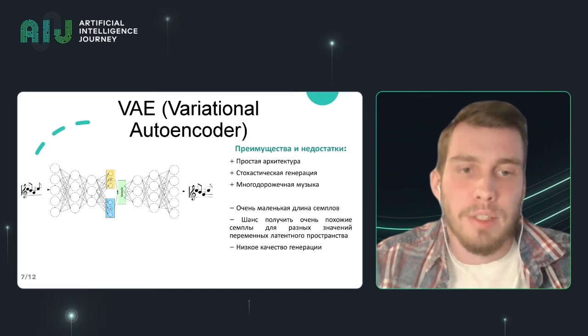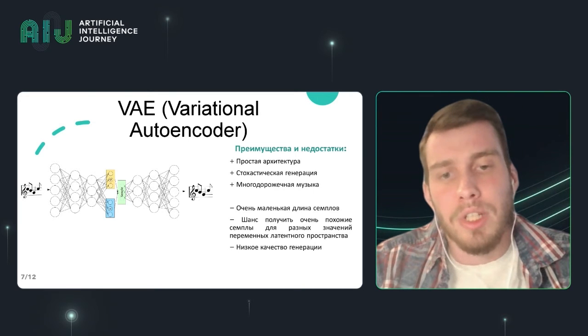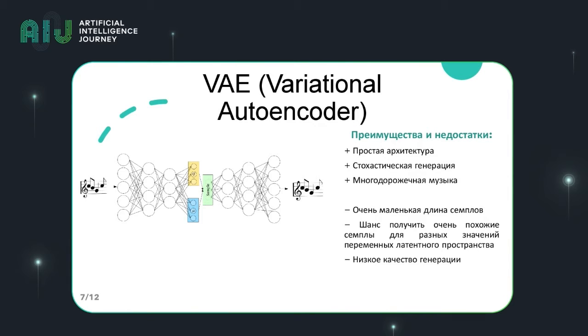This enables us to get some new properties. Plain autoencoders have some negative traits, like being a simple architecture, but this does not stop the playback. With a variational autoencoder, we don't have that issue, and we can get a continuous space and continuous music.